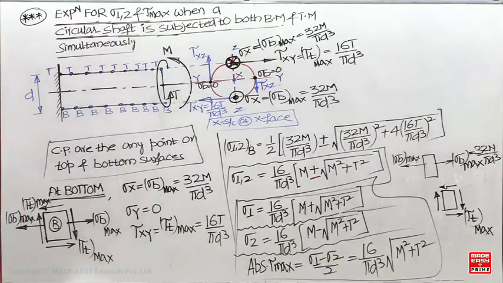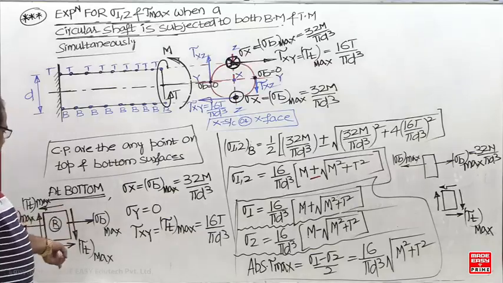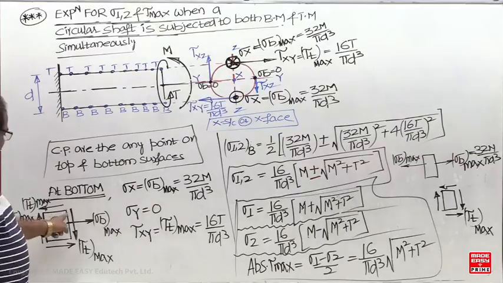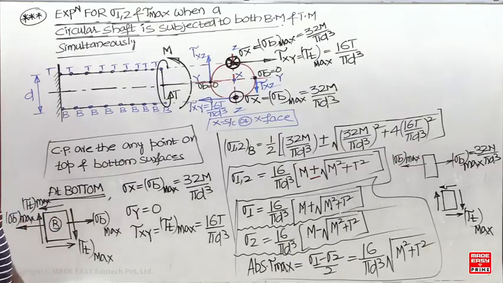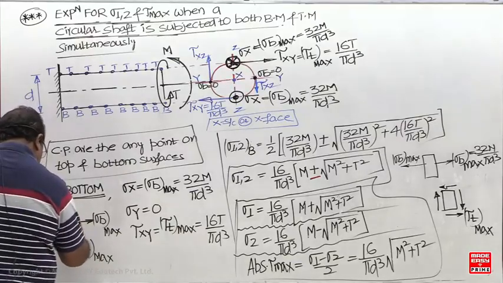These are taken on the cross section, my dear friend. This is a cross section. Bending stress is perpendicular to the cross section. This is a cross section. This line is about a cross section. Here I am assuming this is a cross section.